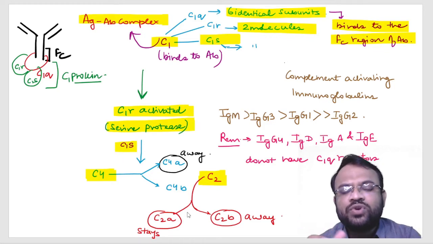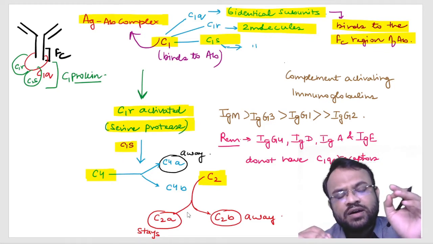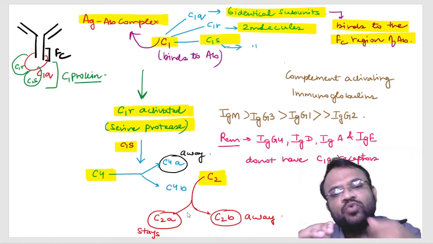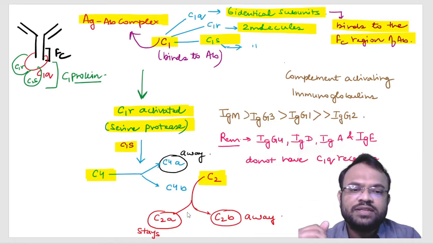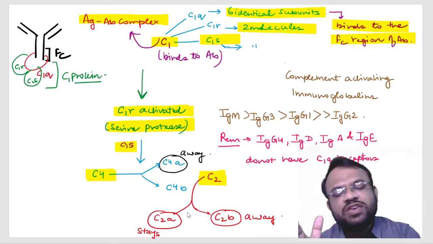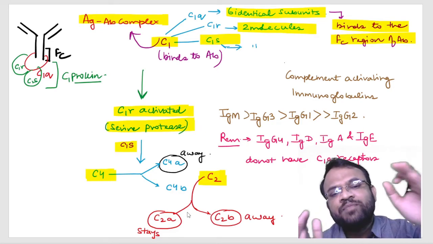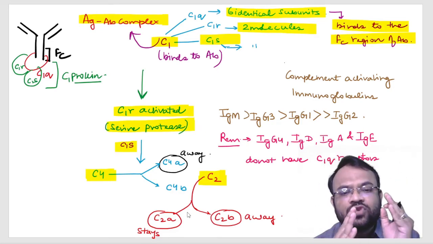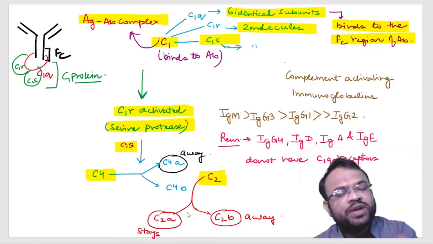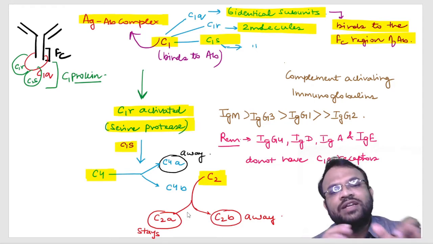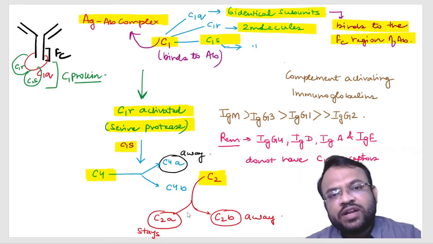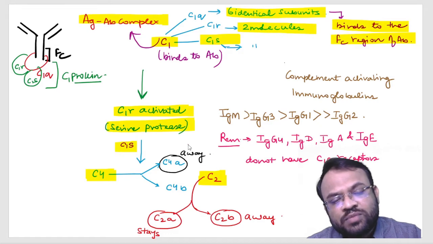I have already told you that the A part will move away. In the previous class I said, A for away. So C4A will move away, whereas C4B will stay at the point where it was activated.